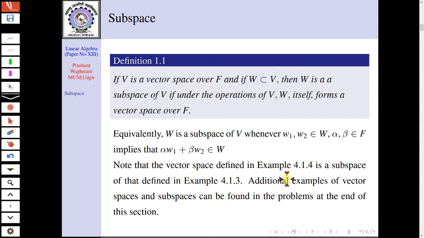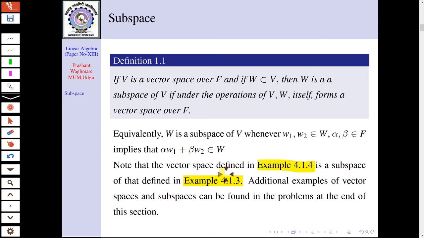Note that in the examples that we discussed yesterday, example 4.1.4 was the set of polynomials, with no restriction in that example. This example 4.1.4 was the set of all polynomials over field F, and example 4.1.3 was the example of a vector space whose set was the set of all polynomials of degree less than n.